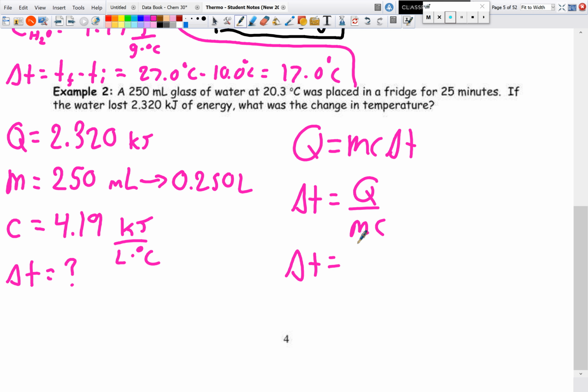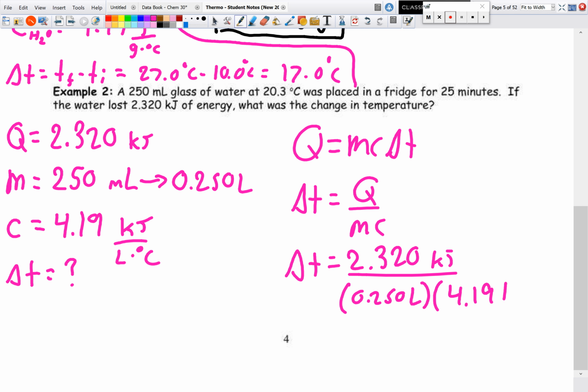Delta T is equal to 2.320 kilojoules over 0.250 liters and 4.19 kilojoules per liter degree Celsius, and we are left with delta T is equal to 2.21 degrees Celsius.